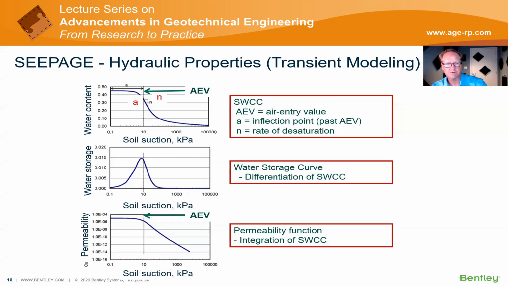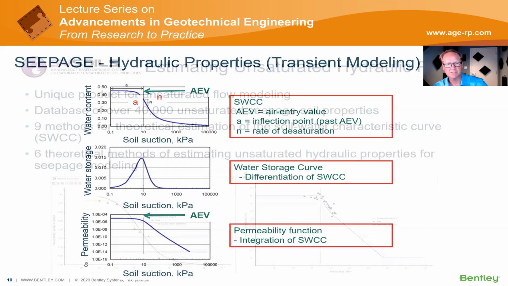So this curve is very important, and anytime you have peaks like this, it can be a potential problem to move around in finite element equations. And then you need your permeability curve, which describes how permeability or hydraulic conductivity decreases as suction increases. And ideally, your air entry value lines up between, well, it must for all of these three curves. So this is what you need to set up seepage.